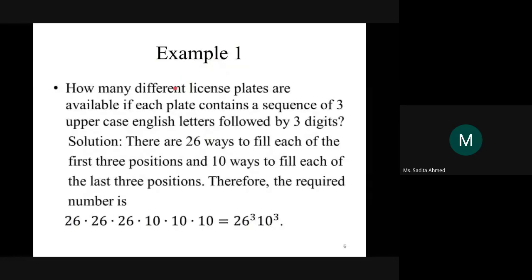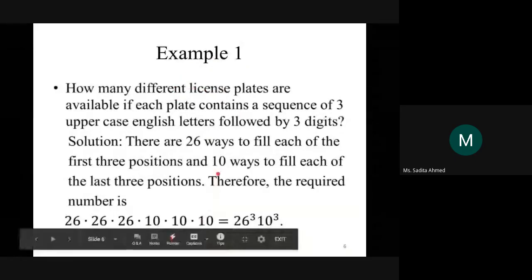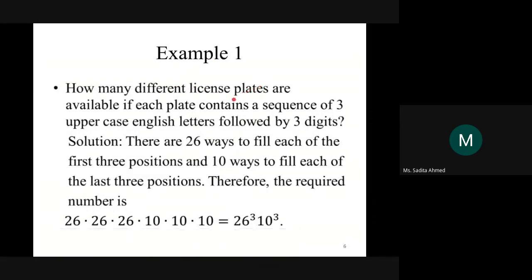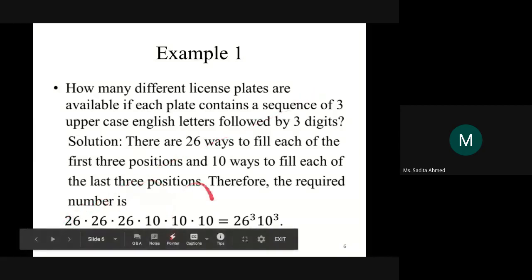So what you need to remember here is the way we have identified that the product rule is applicable. First of all, we had a procedure which could be broken down into a sequence of tasks, filling up 6 positions. Then for each of those positions, we found out how many ways there are to fill it.